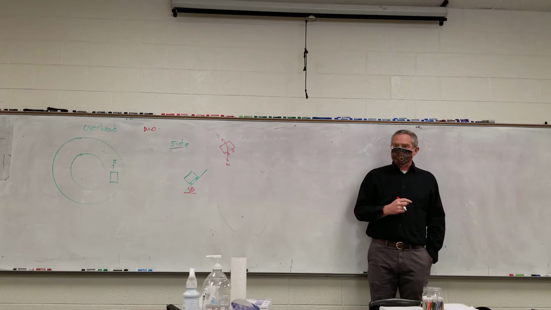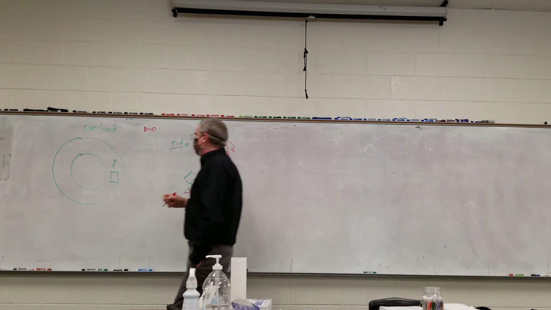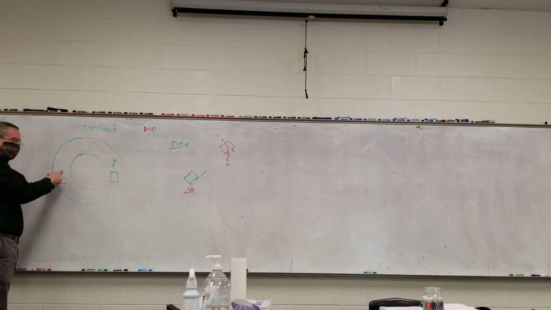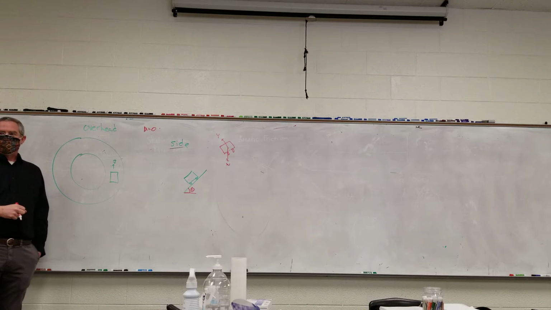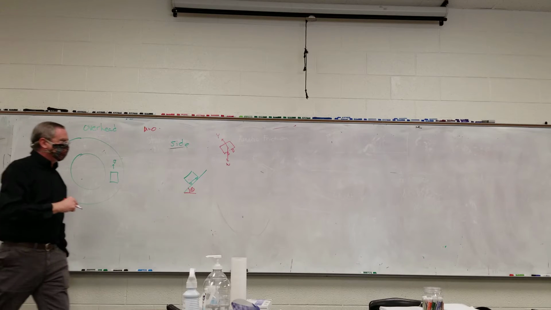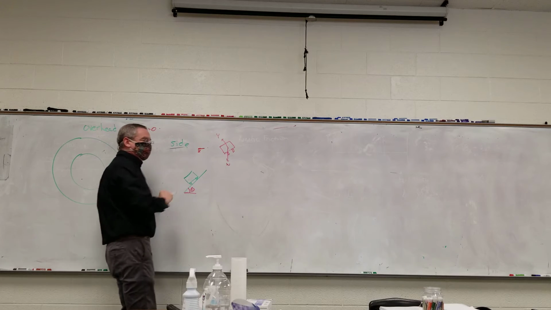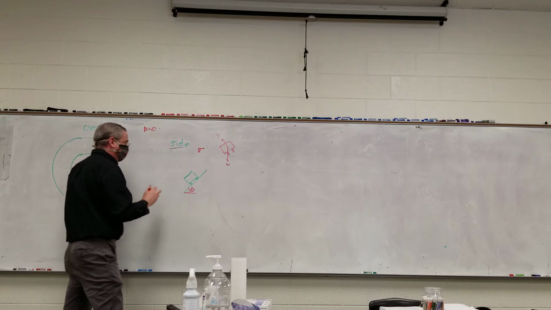If the car were here, the acceleration would be down, and here, to the right. The general rule for something traveling in a circle is that acceleration is towards the center. The acceleration is not part of the force diagram. It is just there as a note.